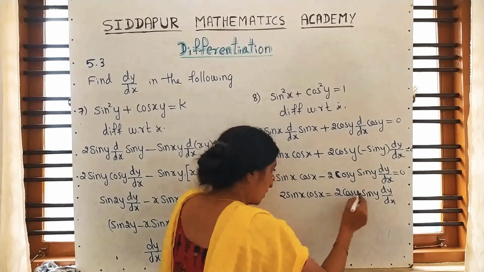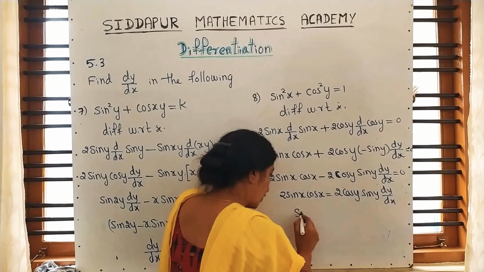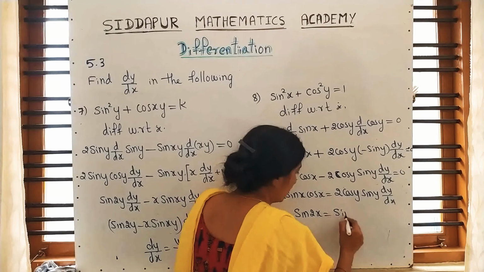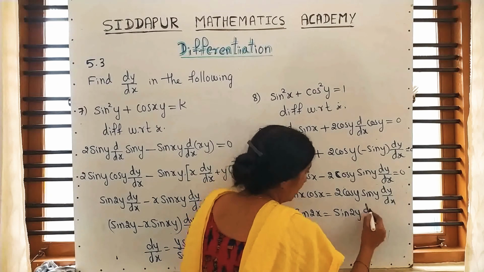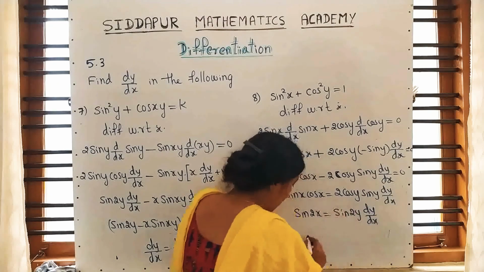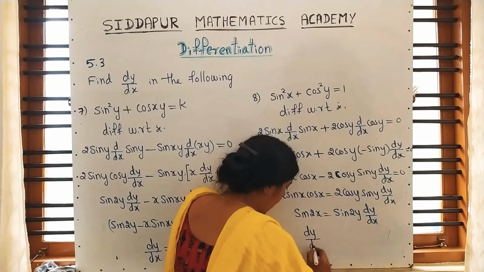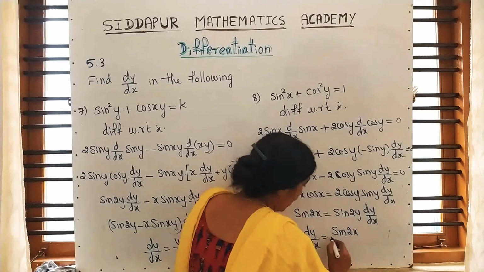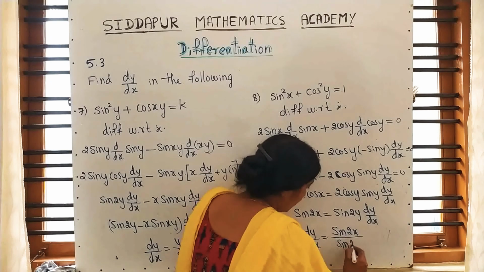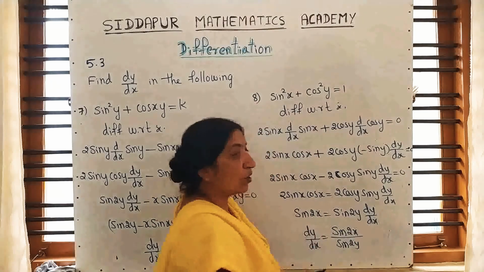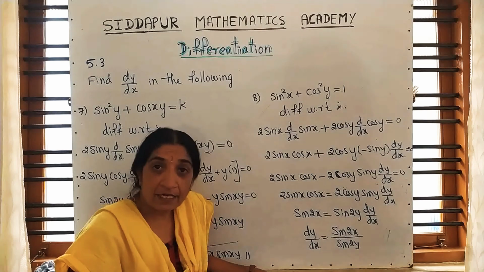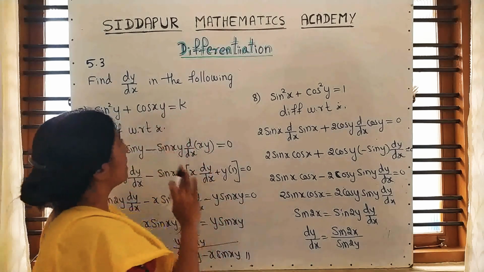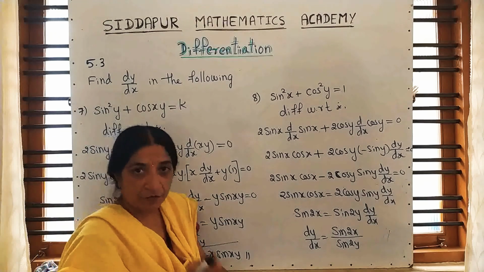Then here 2 sin x into cos x is sin 2x. 2 cos y into sin y is sin 2y into dy upon dx. Then can you tell me what is dy upon dx? Yes, dy upon dx is sin 2x upon sin 2y. And remember, they are not cancelling because their angles are different. See, these are the questions in 5.3 related with implicit functions.